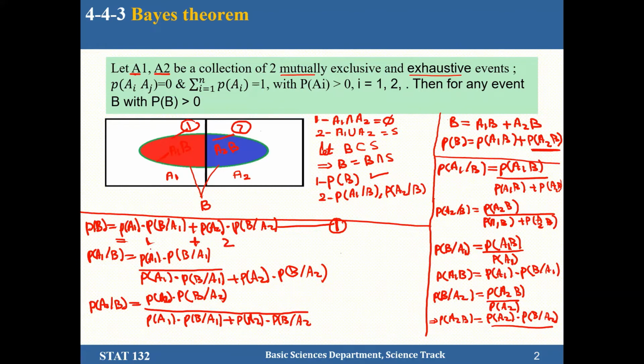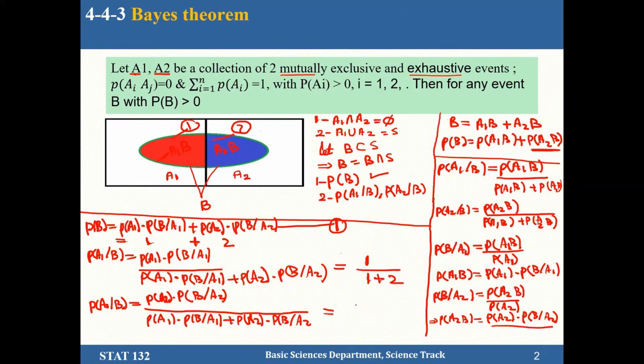This one, this 2. P of A1 given B equal what? 1 given B equal 1, this one over 1 plus 2. 1 over 1 plus 2.